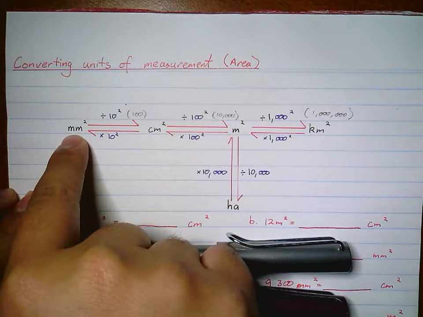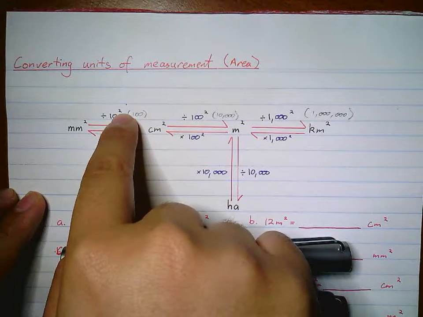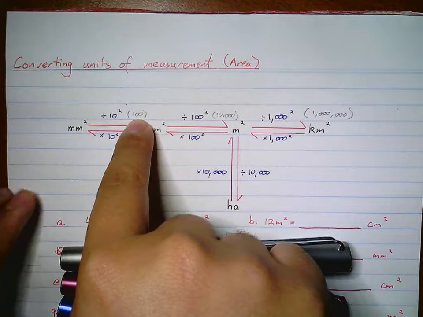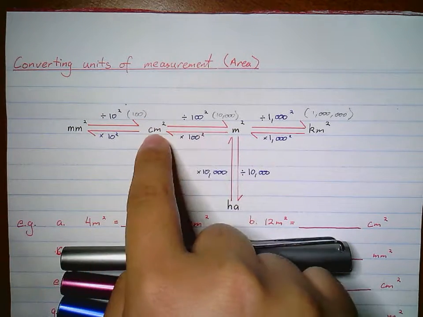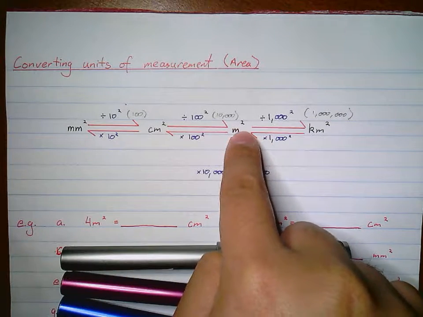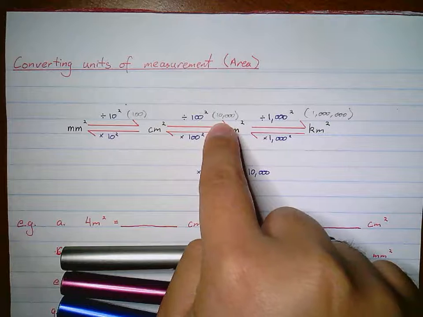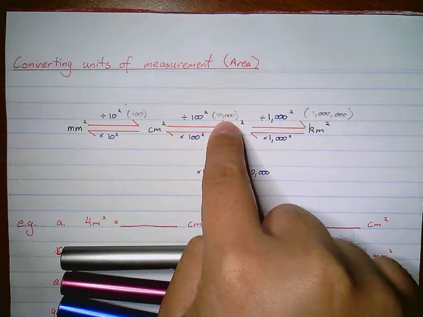So from millimeter squared to centimeter squared, we divide by 10 squared. And I wrote in pencil beside it that 10 squared is actually 100. So we will be dividing by 100. From centimeter squared to meter squared, we divide by 100 squared. Again in pencil, the actual answer, 100 squared is 10,000.